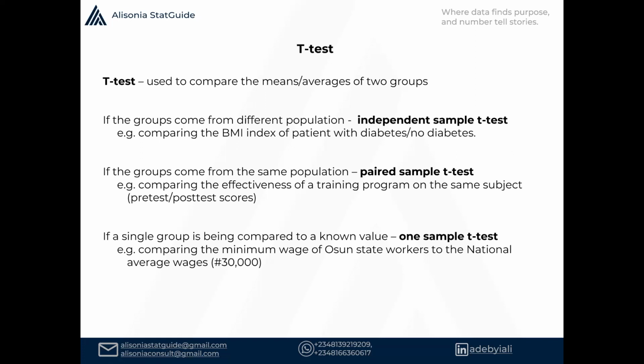If you want to know that, you can sample a group of workers in some state, which is just a single group, ask them about their wage, take the mean, and compare it with the national figure. Is it less than the national wage or more? That's what we mean by the one sample t-test.